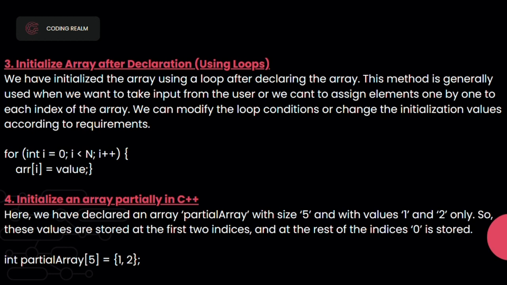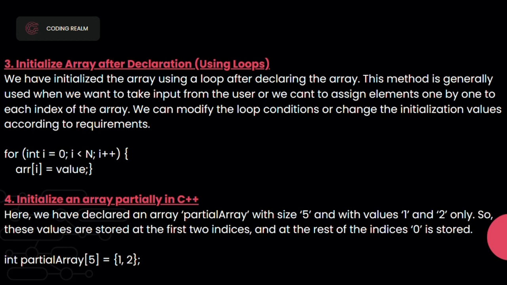Now third, how to initialize an array after declaration using a loop. Here I need to use the for loop. When I need to solve problems, I use the for loop because it's easier. We have initialized an array using a loop after declaring the array. This method is generally used when we want to take input from the user, or assign elements one by one to each index.